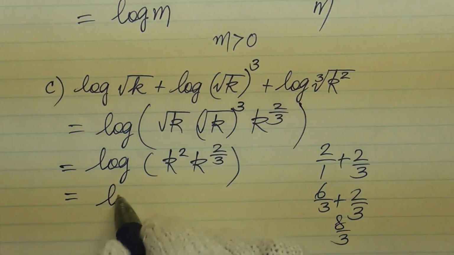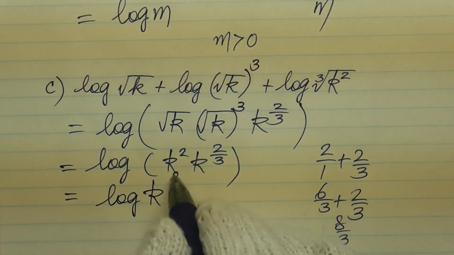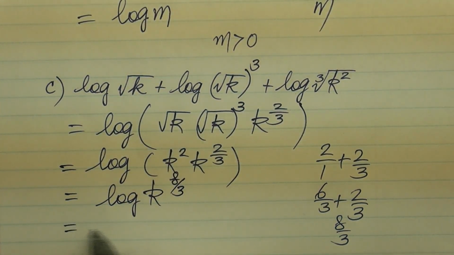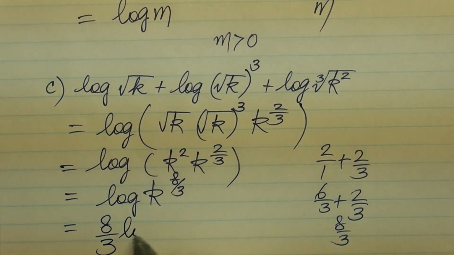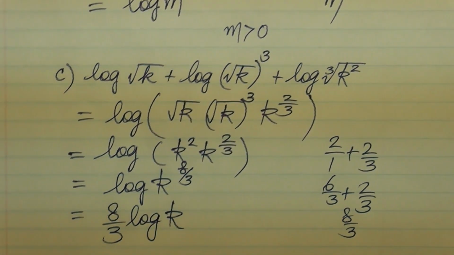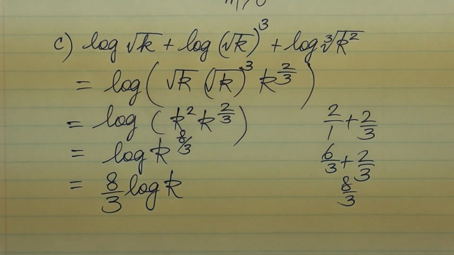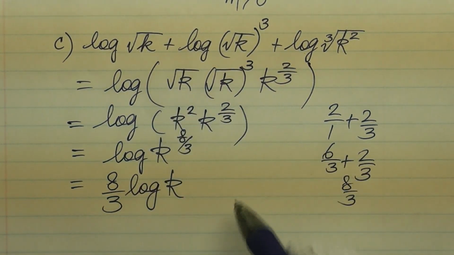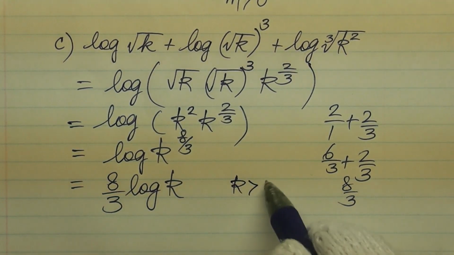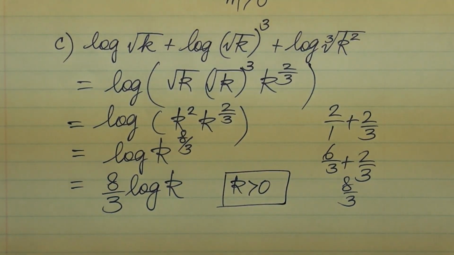So this is log of k to the 8 over 3, which is equal to 8 over 3 log k. Because we've got the square root and odd roots, we also have to keep in mind that k must be greater than 0.